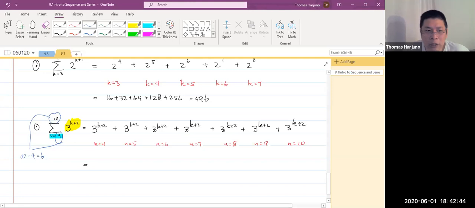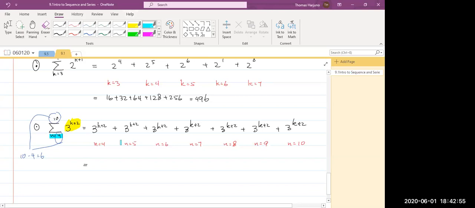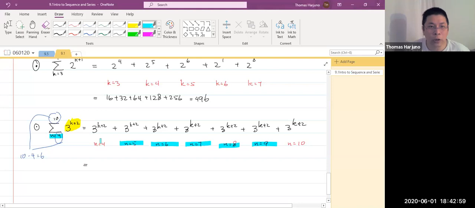But Thomas, 10 minus 4 is 6, that's right. 10 minus 4 is 6, meaning there are 6 numbers after 4. These are the 6 numbers after 4, not including 4 itself. But this summation starts from 4, not from the number after 4.